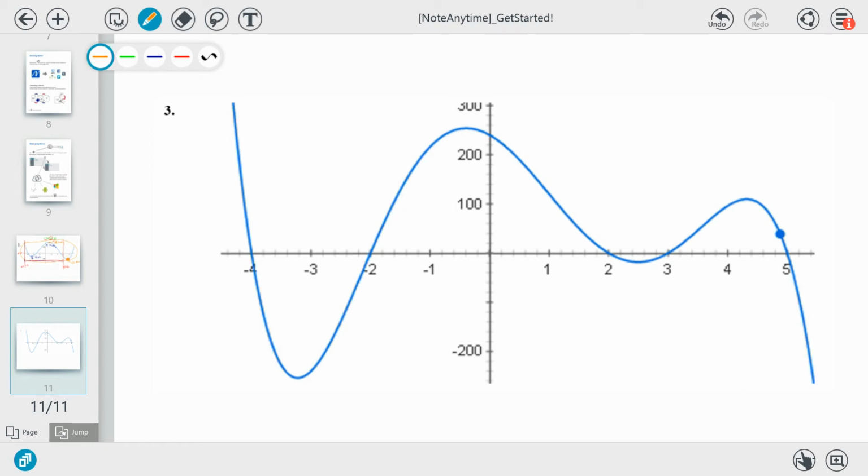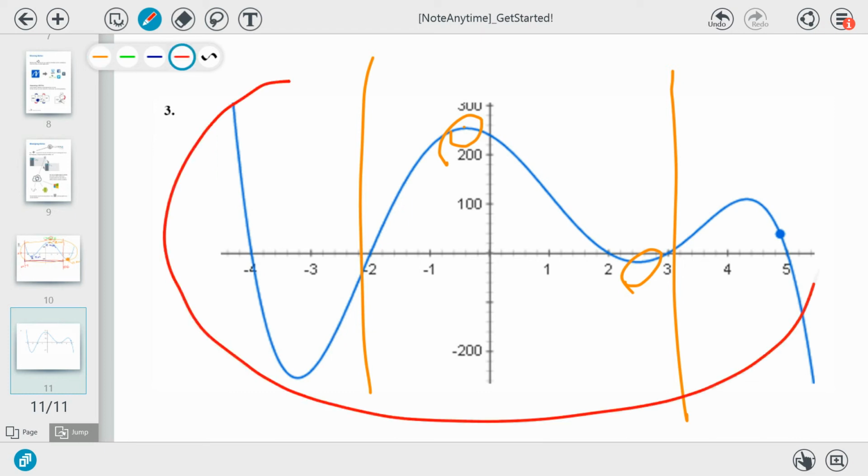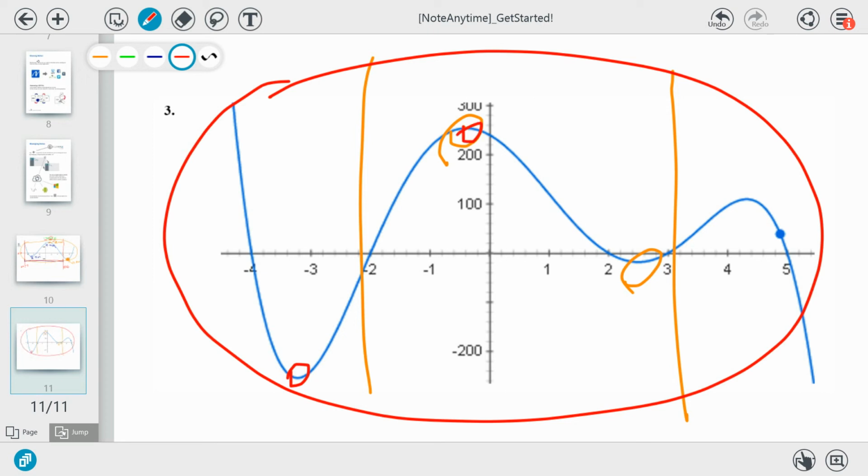If I just look at from here to, I don't know, here, that would be my relative maximum, and this will be my relative minimum. Now when I look at the entire picture, this right here would be global minimum, and that right there would still be my global maximum.